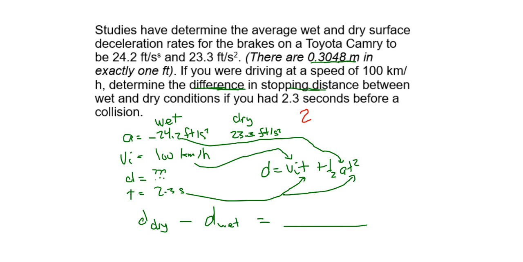I'm going to take feet per second. And it says that there are 0.3048 meters in a foot. So I multiply it.